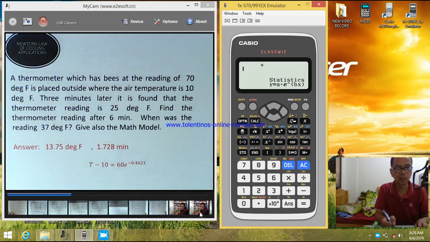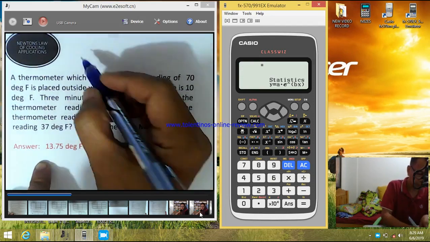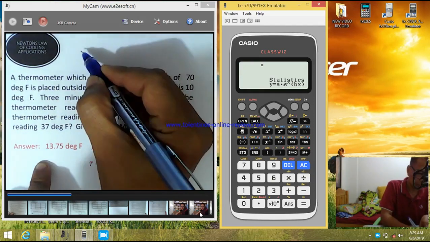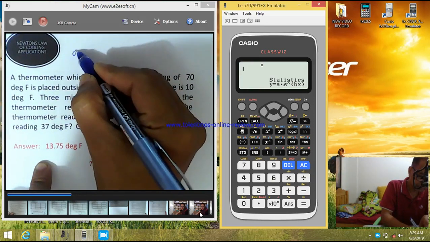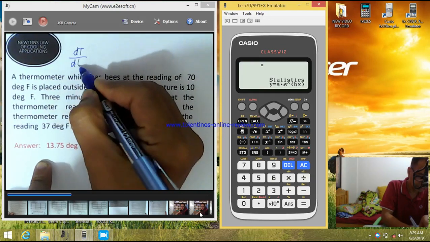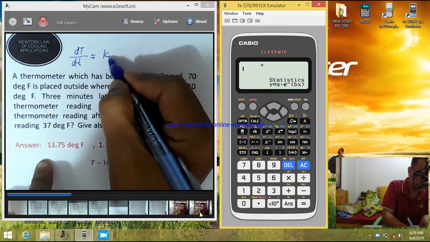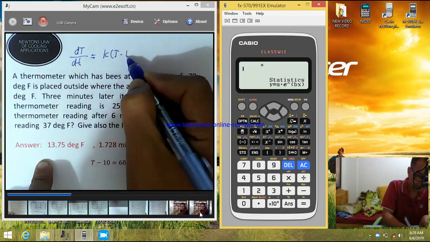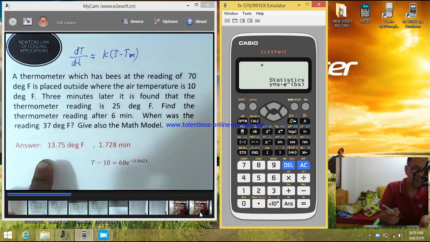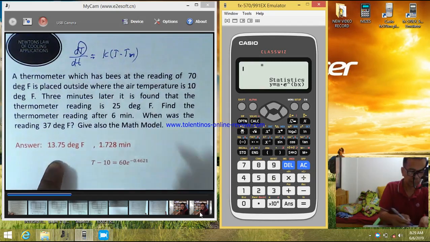Now, give also a model. Okay. In Newton's law of cooling, the mathematical model in differential equation is given by this relationship: dT over dt is k times (T minus the temperature of the medium), where T is the temperature at any time.